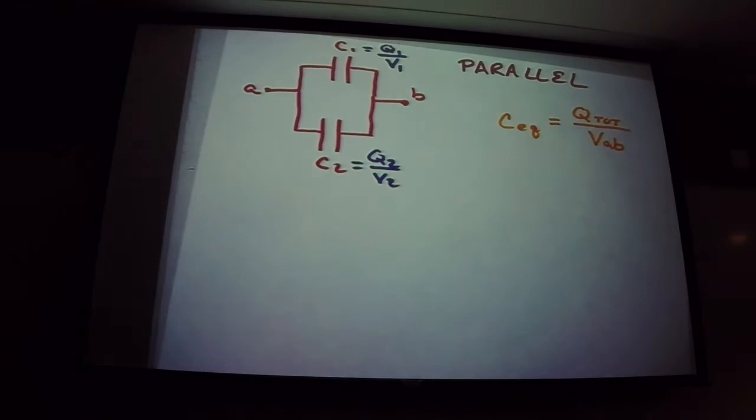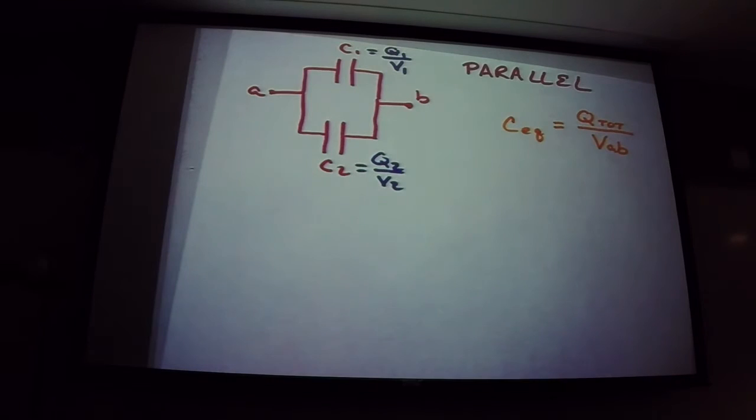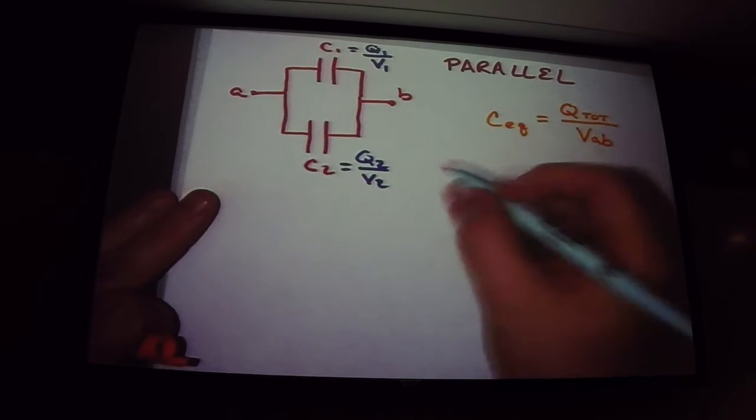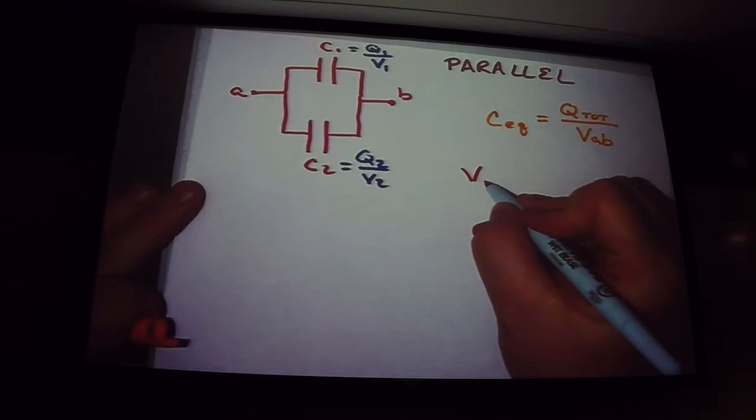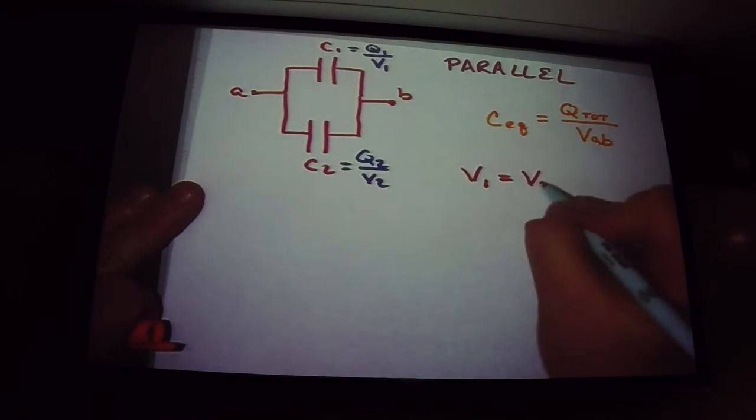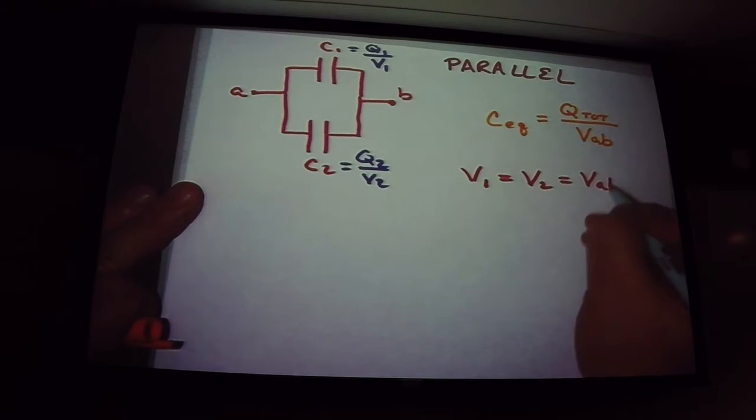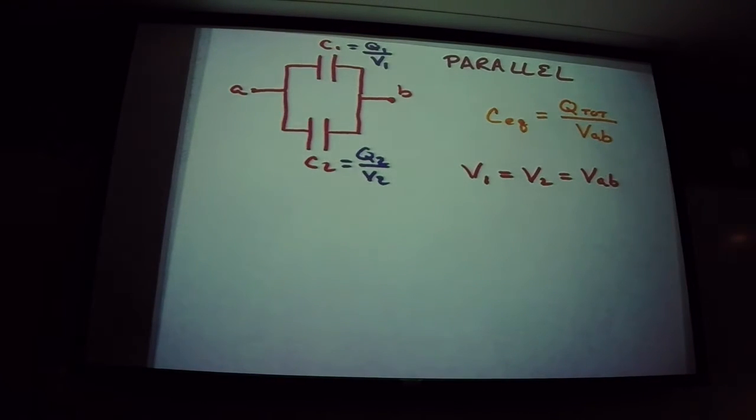So the voltages in parallel are equal, because parallel means I have a choice of paths to get from A to B, and any one of those paths is going to have the same voltage difference. So V1 equals V2 equals VAB. That's the way the voltages line up in a parallel circuit.